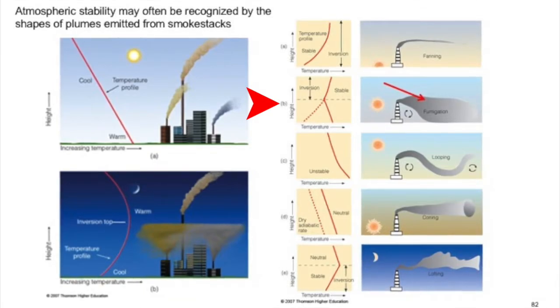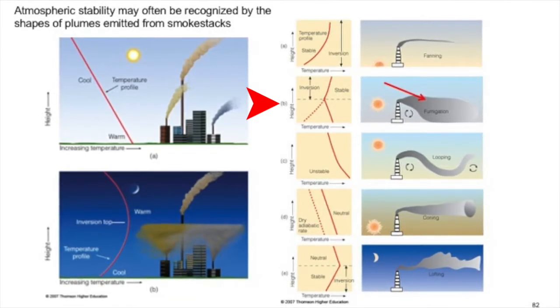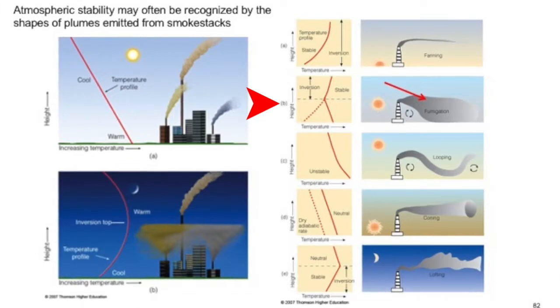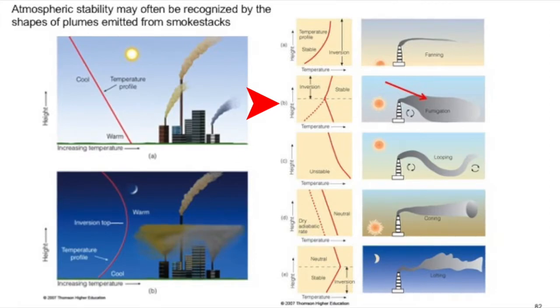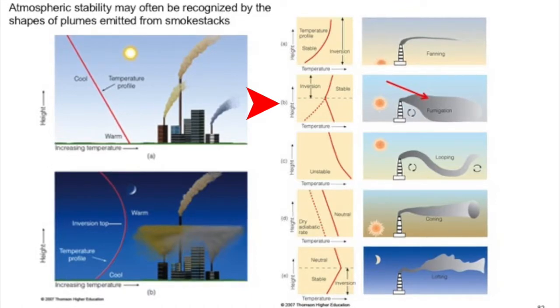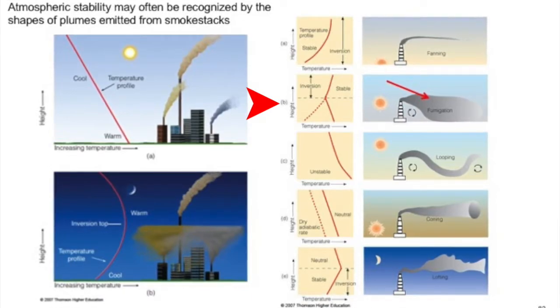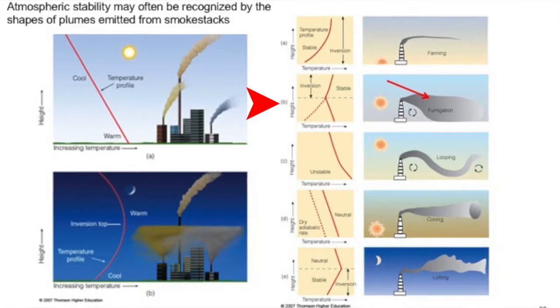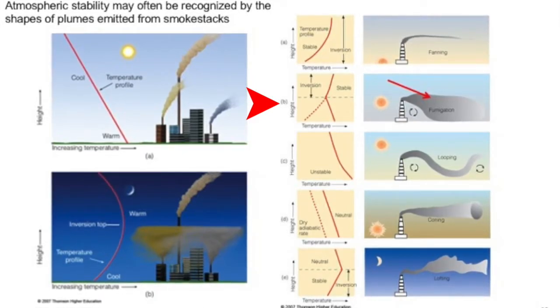The next case is when you have inversion above and unstable conditions below. This is the most dangerous plume, and this is called fumigation, and this will lead the contaminants to go down to the ground level. These conditions are created when the stable conditions are above the plume, and it is unstable below.